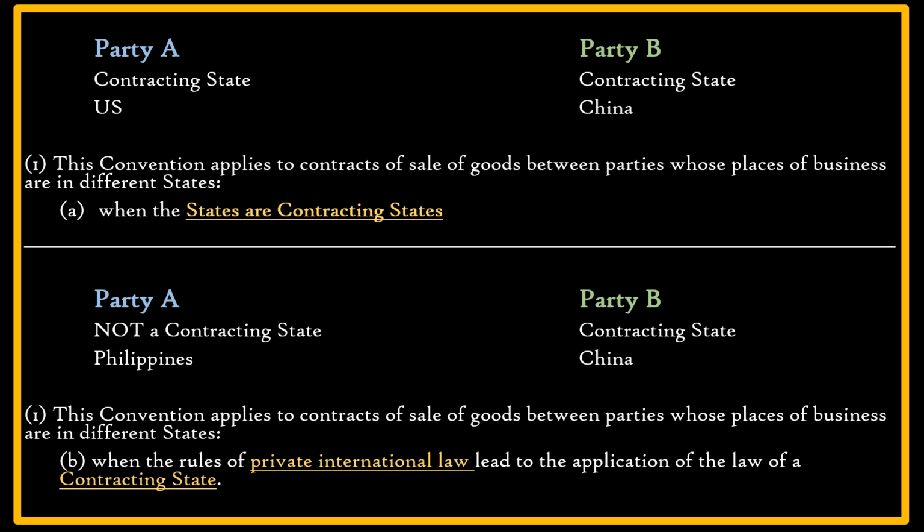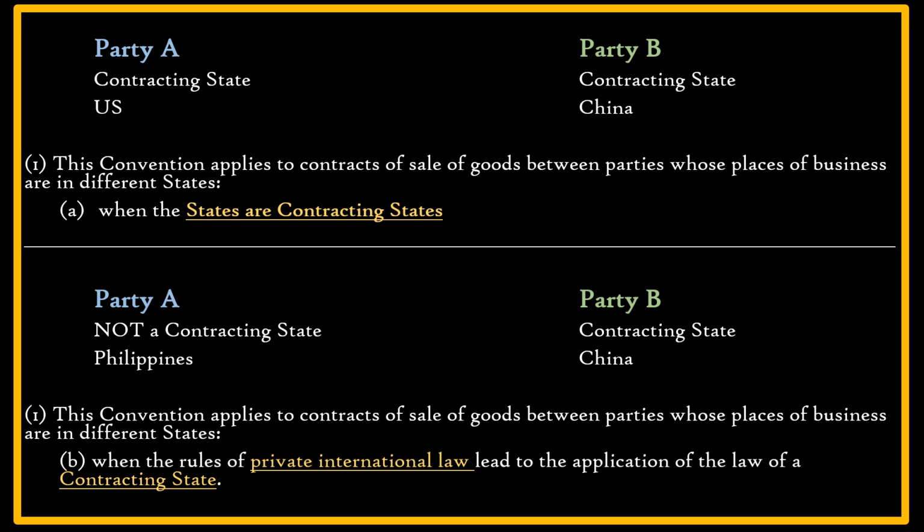So just look at this. Some law has to apply to the transaction. The law of China or the law of the Philippines is going to apply to this transaction. Now, under the rules of private international law, which just means when we have this situation, are we going to apply the rules of China or the rules of the Philippines? That's private international law.